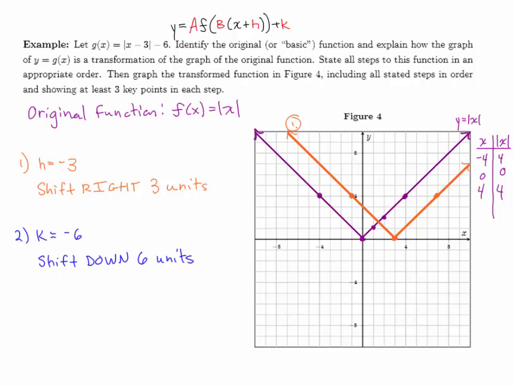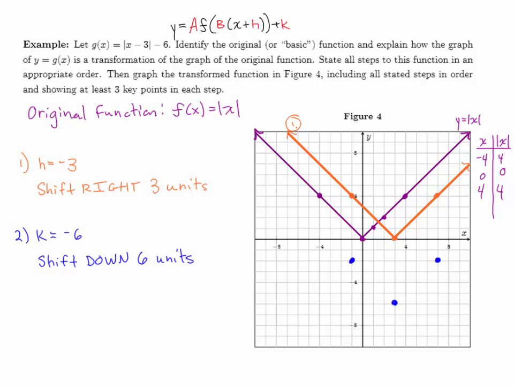Okay, the second step here is to shift down 6 units. So I'll take this point 7, 4, and it's going to shift down 6 units to 7, negative 2, and 3, 0 will shift down to 3, negative 6, and then negative 1, 4 will shift down to negative 1, negative 2.